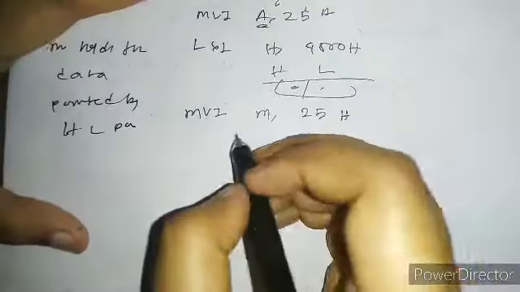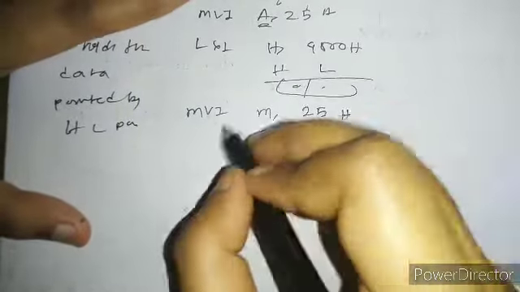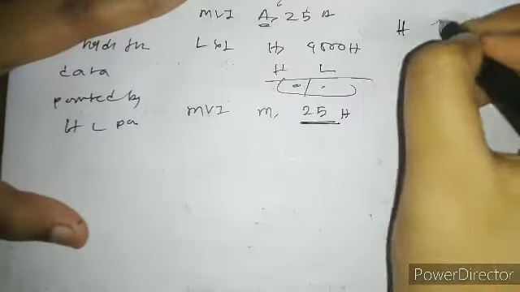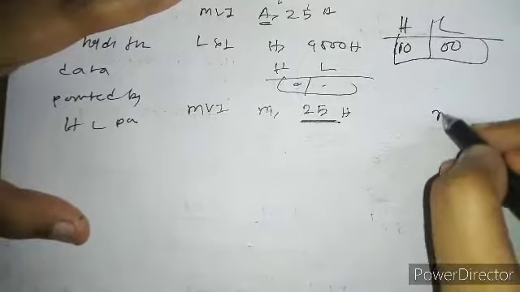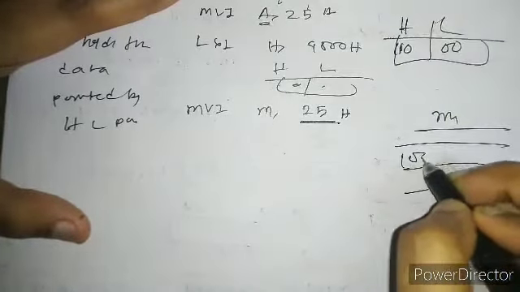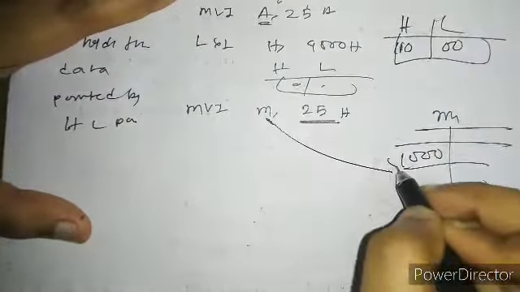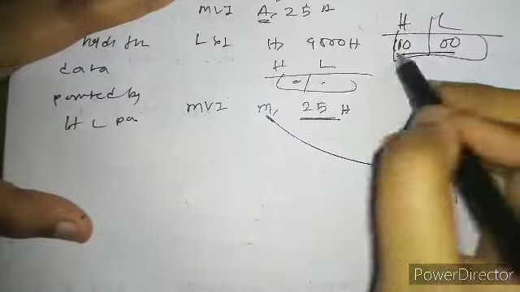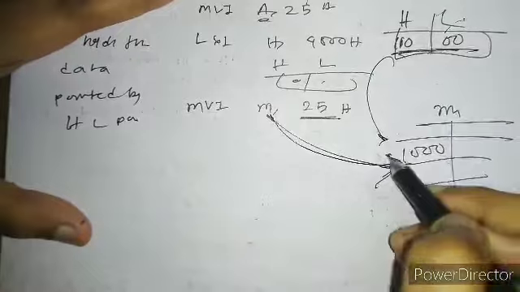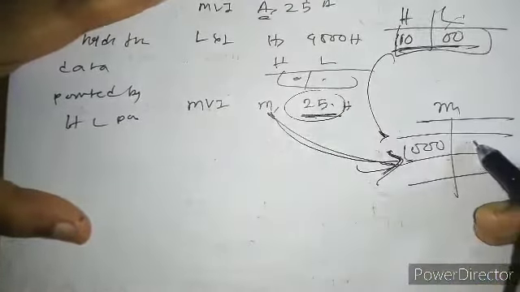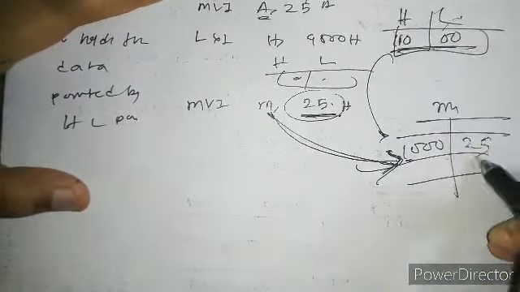So now you want to store the data 25 at M, which means that suppose HL holds 1000, in memory location 1000, M signifies this location, the location that the HL pair points to. M will store this data 25 at the location pointed to by the HL pair.